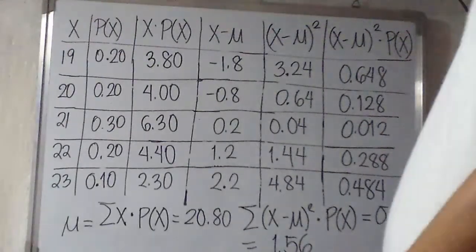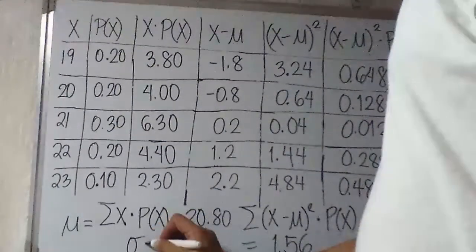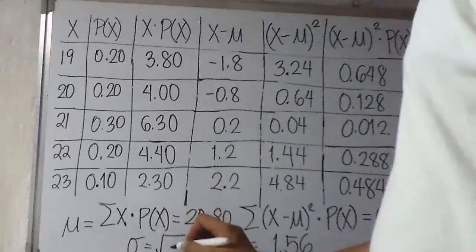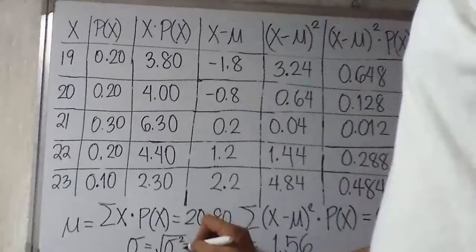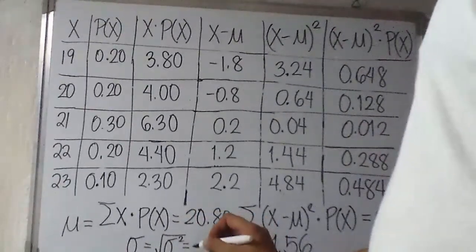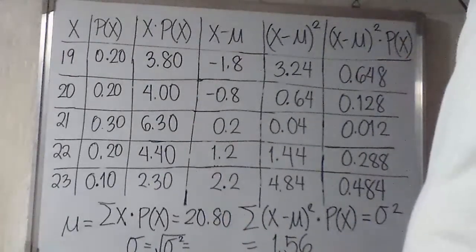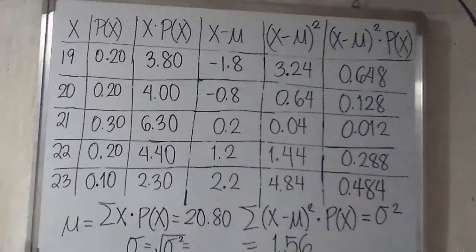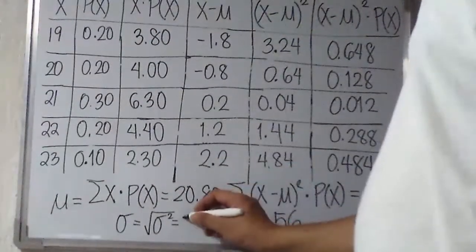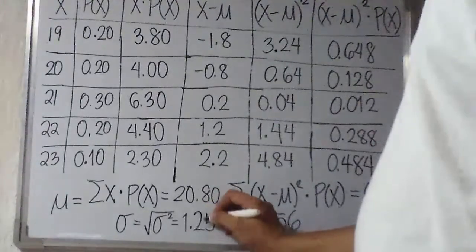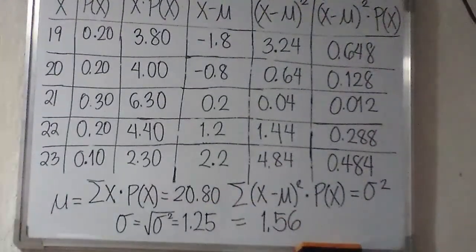So the standard deviation is equal to the square root of the variance, which is equal to square root of 1.56, which is 1.25. Did you get the same answer?